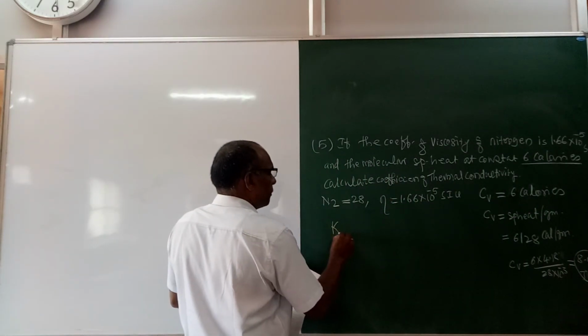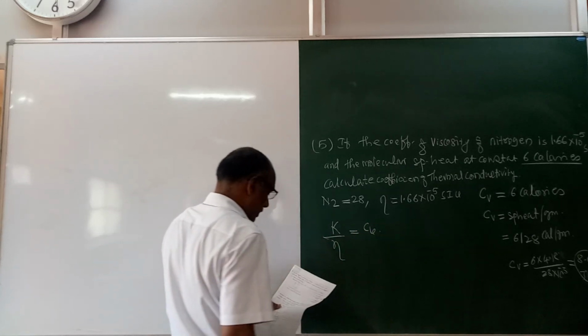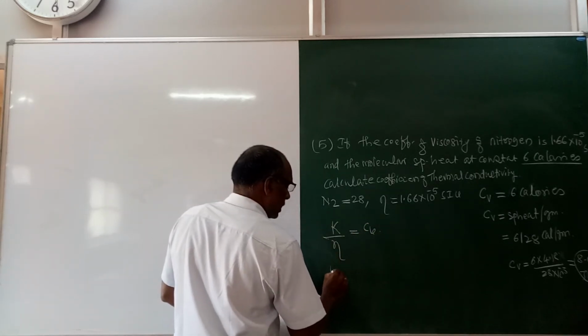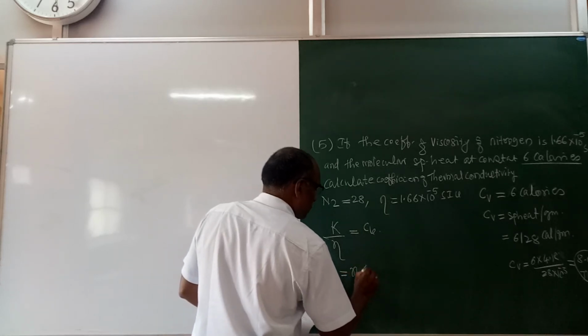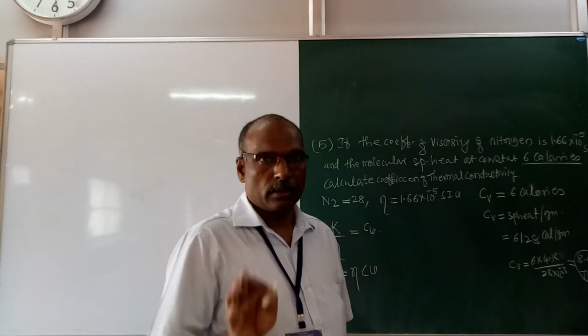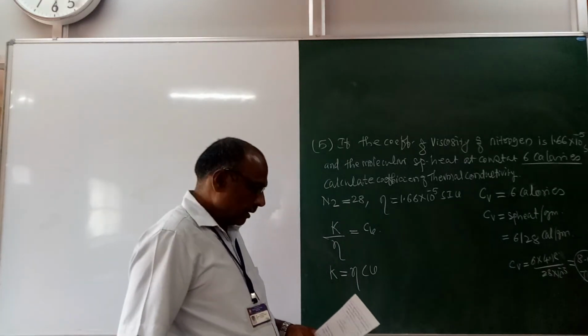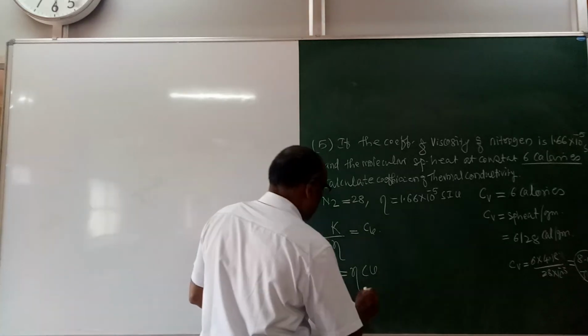Here, if they give this, the problem will be still simpler. We know K upon eta CV is equal to 1. So what they want is K is equal to eta into CV. Students, friends, please work out. Don't sit idly, work out in this direction.